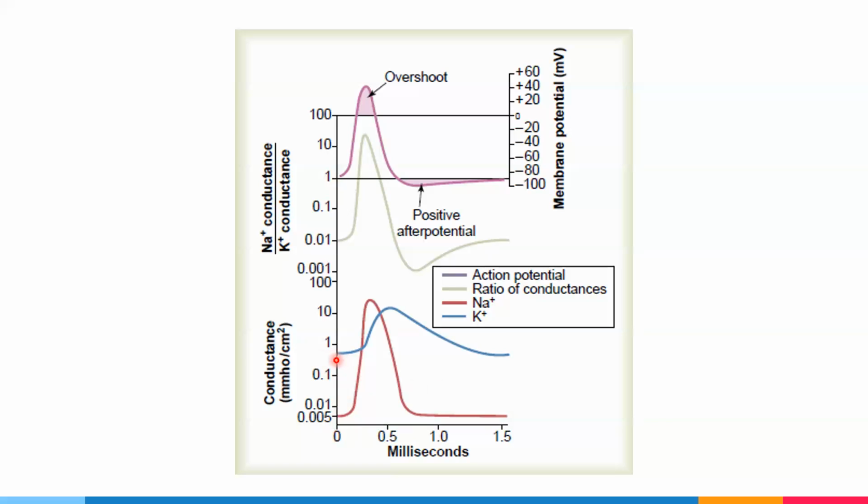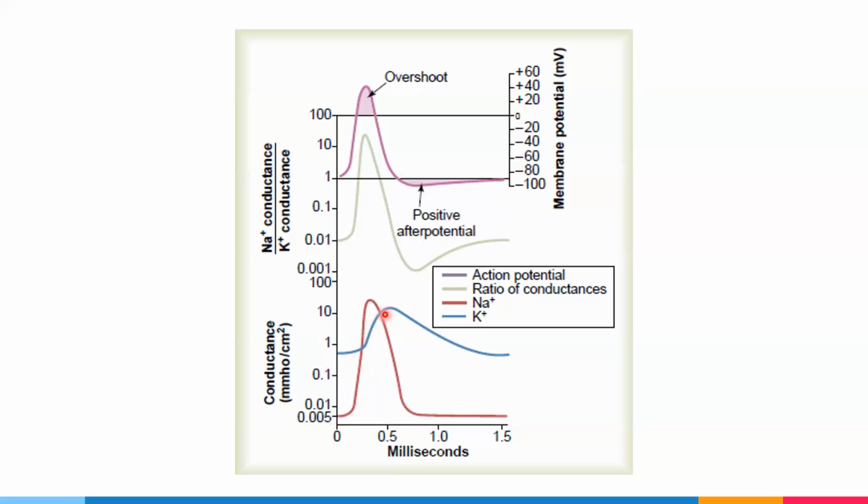As we can see, potassium conductance does not increase till around the point that the sodium conductance has either started to dwindle or has reached its maximum. That is the point at which the potassium conductance actually starts to increase greater than its resting value.